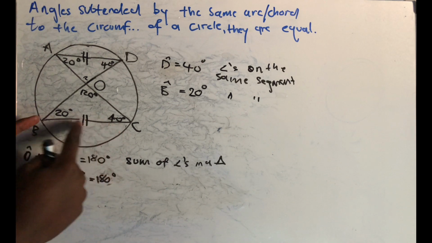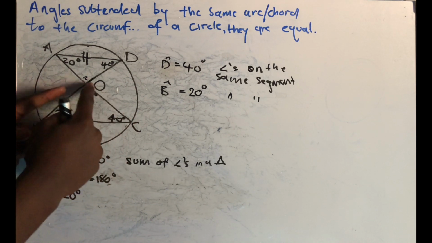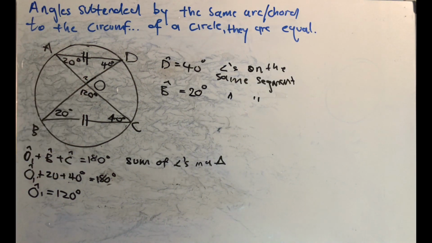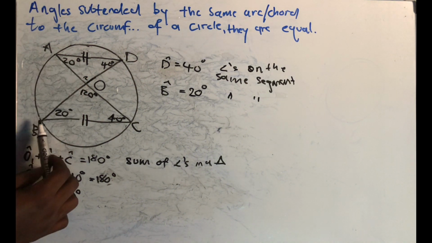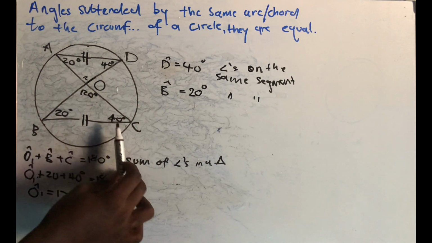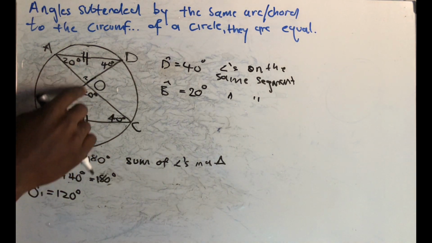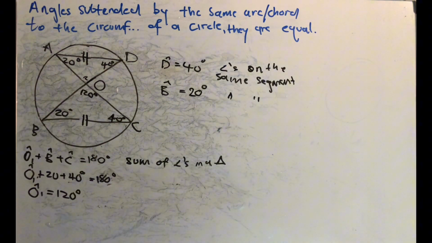So equal chords subtend equal angles at the center. Both chords subtend angles to the center of a circle, so the angles subtended by equal chords are equal as well.